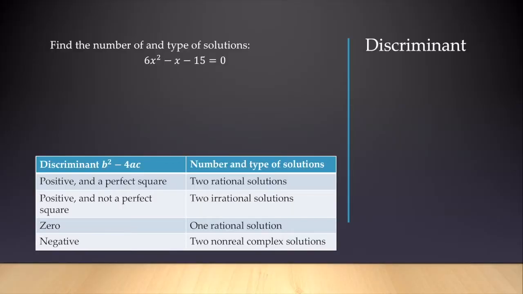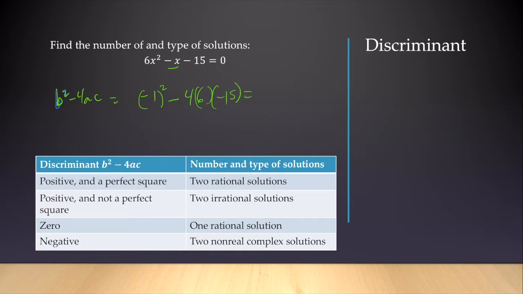So what we want to do is calculate the discriminant. We aren't solving this, we're just calculating the discriminant, and we're going to determine the number and type of solutions. So I'm going to have b squared minus 4ac, which in this case is negative 1 squared minus 4 times 6 times a negative 15.